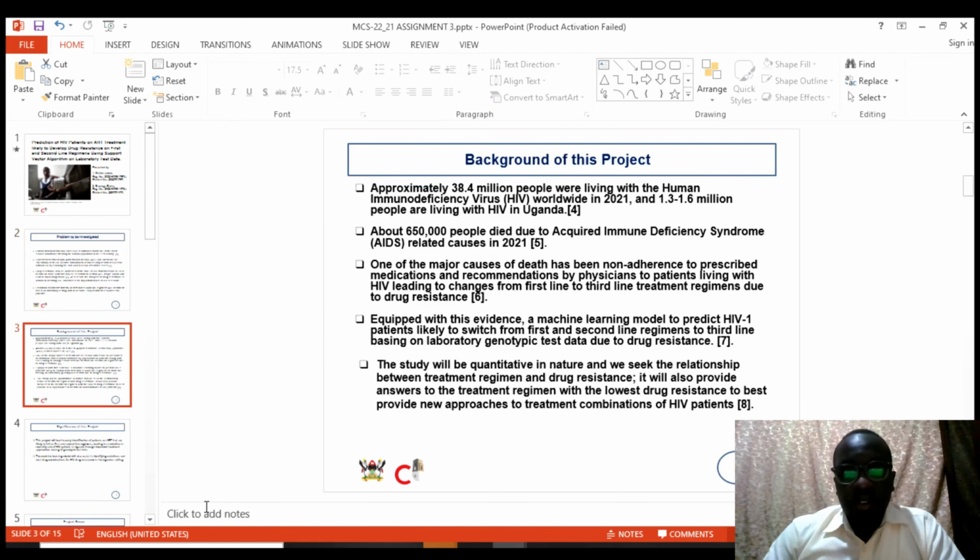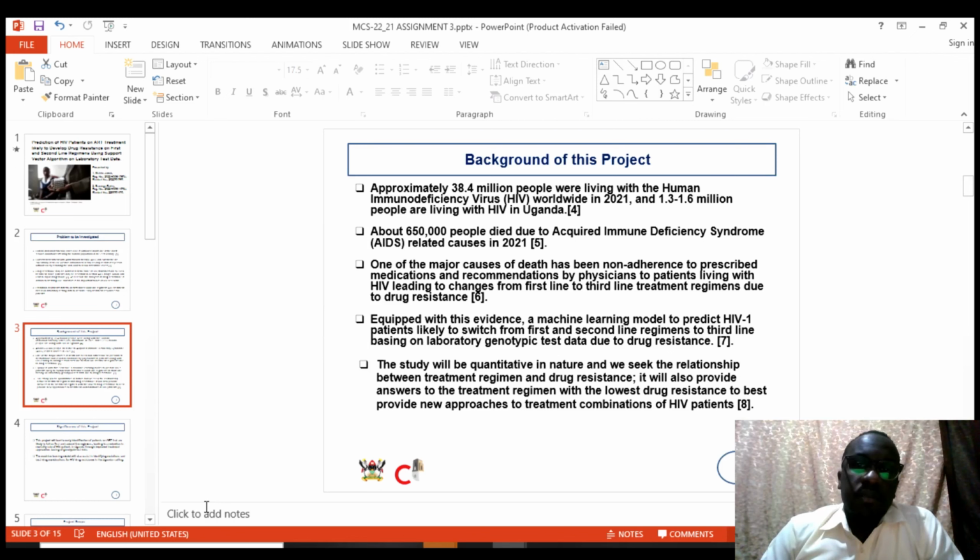So the background: as of last year's statistics, there are 38 million people living with HIV worldwide, and about 1.3 to 1.6 million of those live in Uganda. Last year alone, 650,000 people passed away from AIDS-related causes.